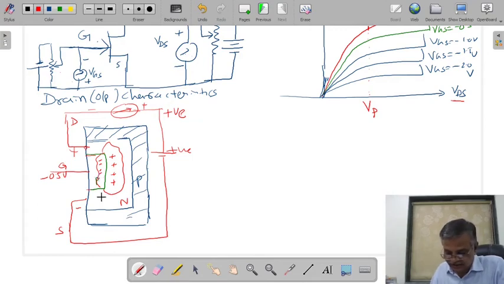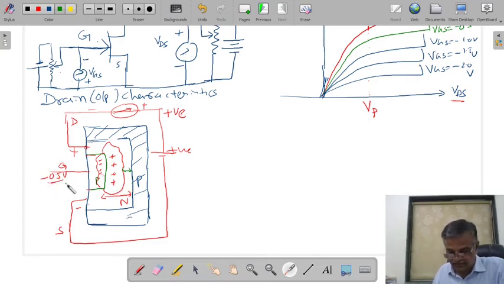So initially when this was 0, this much width is available for the charge carriers to flow. Now, if you keep minus 0.5, minus 1, due to this depletion layer, the width is reduced, and only this much width is available for the electrons to go. Initially, the entire path is available when this was 0.